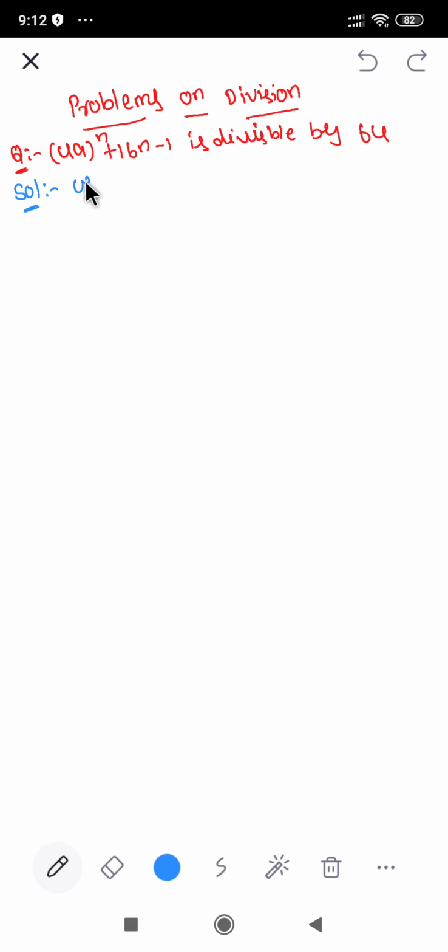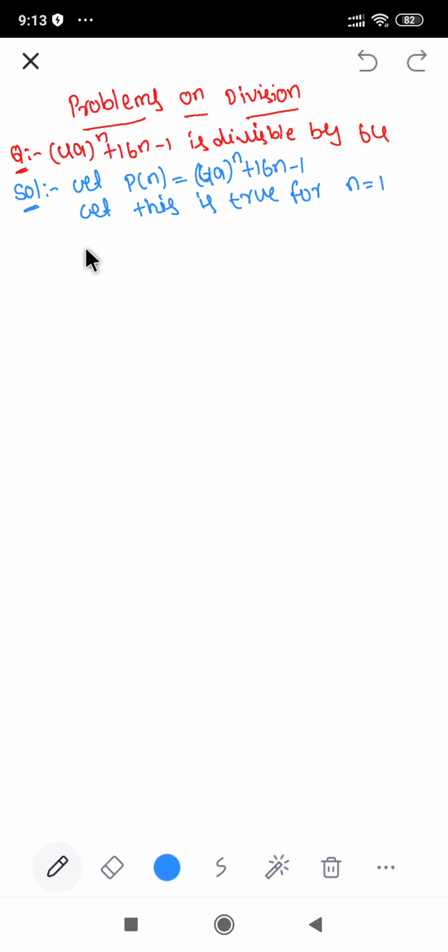So let P of n be equal to 49 whole to the power n plus 16n minus 1. Let this be true for n is equal to 1.